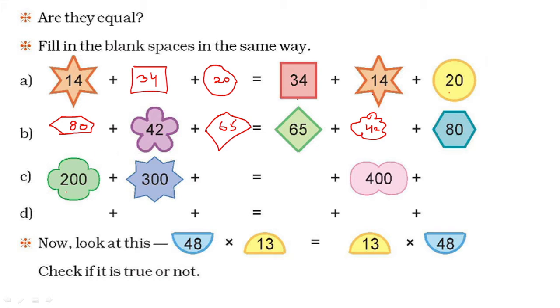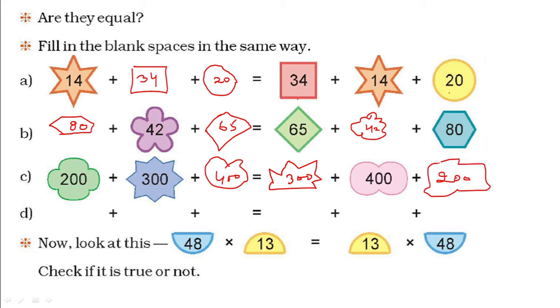Now you can see 200 plus 300 plus 400 is there. We have to put here 400. Now here we can put 300. Here we can put 200.